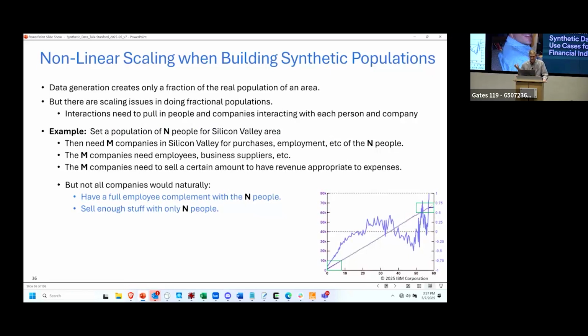And to maybe make that more viscerally clear, say we scale down to just one person. Well, that one person probably still needs a job, they still need to eat, they still need clothes, they still need to pay their bills, all that sort of stuff. So then there are all these companies that they have to interact with. So you're not really scaling down companies necessarily to the same degree you're scaling down people. And of course, if there's only one person, the revenue for these companies is very low, so that's unrealistic.